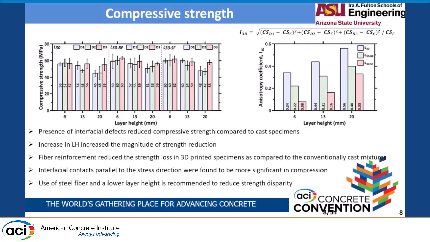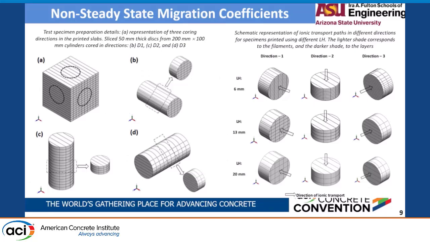For the D1 sample, we have both interlayer and interfilament interfaces parallel to the stress application direction. But in 6 and 13 mm, we have more interlayers compared to interfilament interfaces, and the interlayer is the stronger of the 2 interfaces.